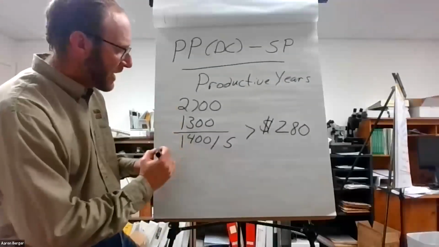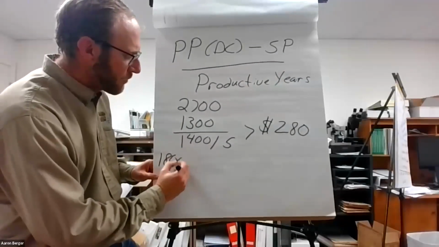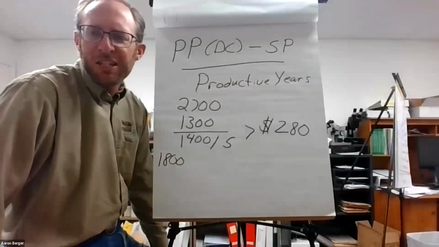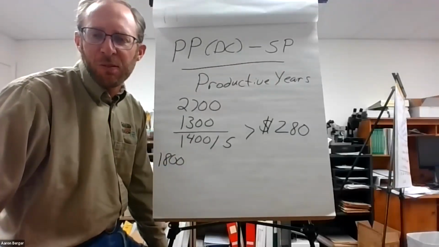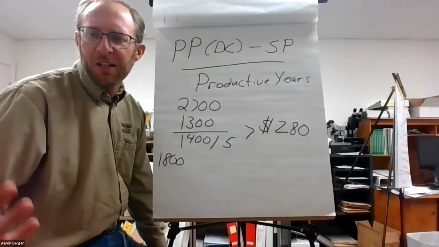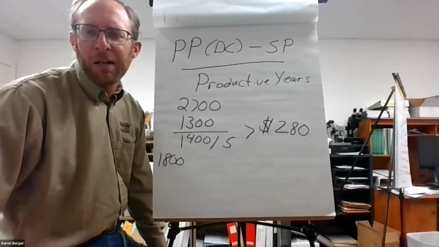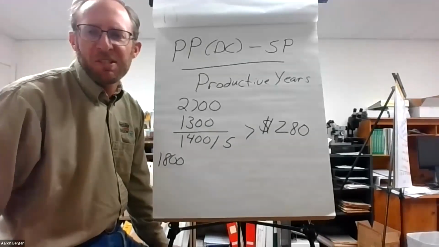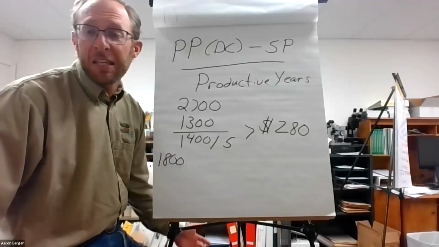All right. So let's say she's got an average value of $1,800 over her life. Do you think a 2% death loss is reasonable per year on a cow herd? So I got 100 cows, one gets struck by lightning, one gets sick and dies. Is a 2% death loss reasonable? I think it is.